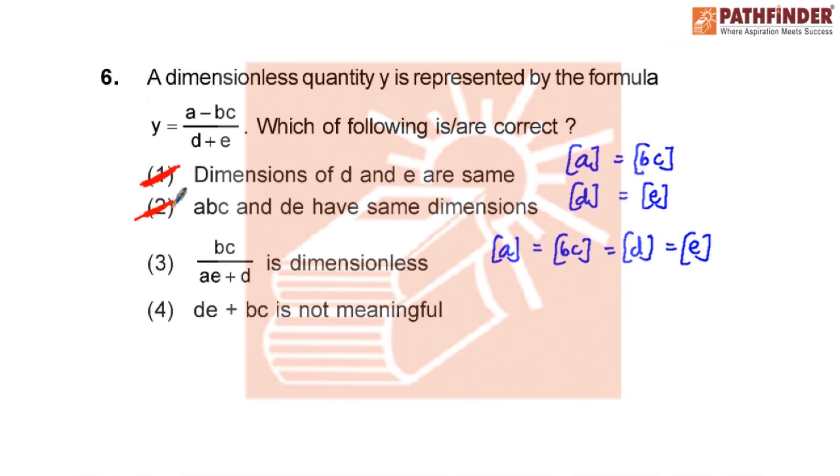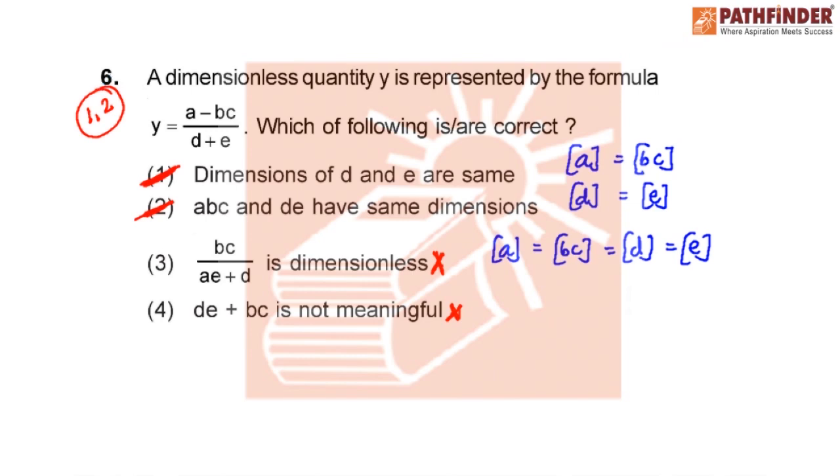The dimension of BC upon AE plus D being dimensionless is incorrect. A and D will form a parameter which cannot be subtracted from D. DE plus BC is not meaningful, this is again incorrect. So the two alternatives which are correct are options 1 and 2. For question number 6, we go with options 1 and 2.